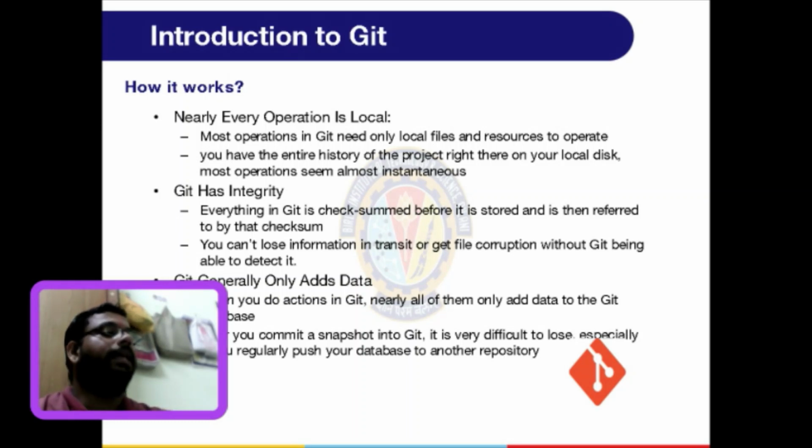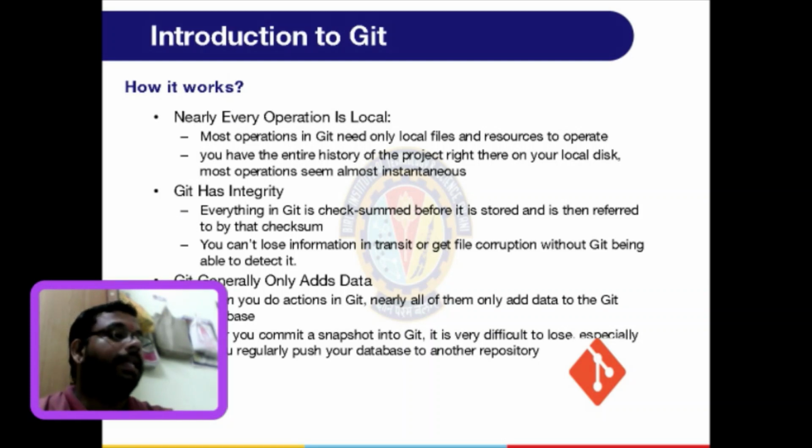Git has integrity. Everything in Git is checksummed before it is stored and is then referred to by that checksum. You can't lose information in transit or get file corruption without Git being able to detect it.